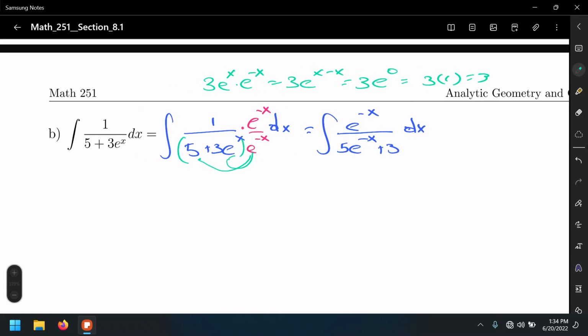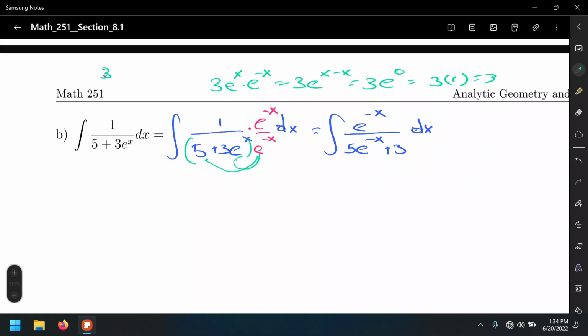The other way to see this one is 3e to the x times e to the negative x. This is the same as saying 3e to the x over e to the x. This cancels, and that's just going to give us the 3. Different ways to see the same idea. All right? Keep the one that you feel more comfortable with.